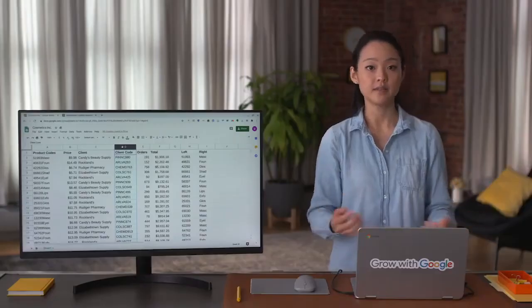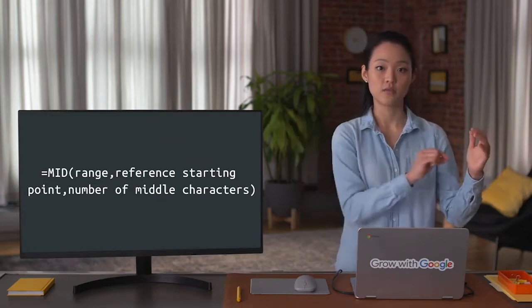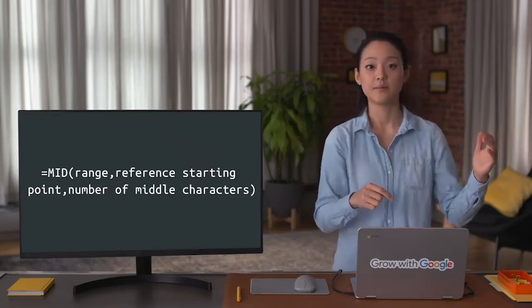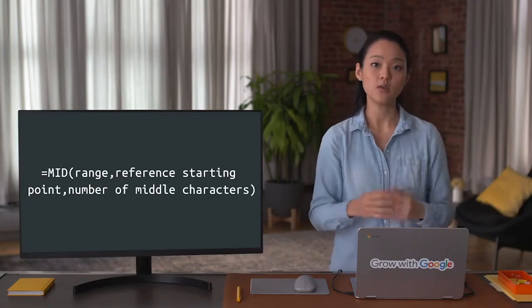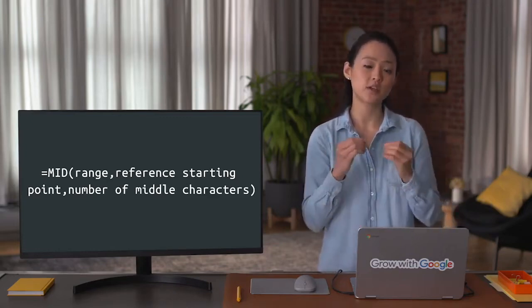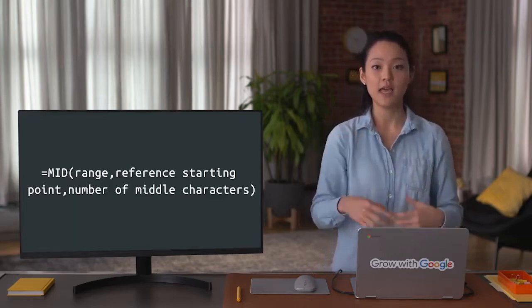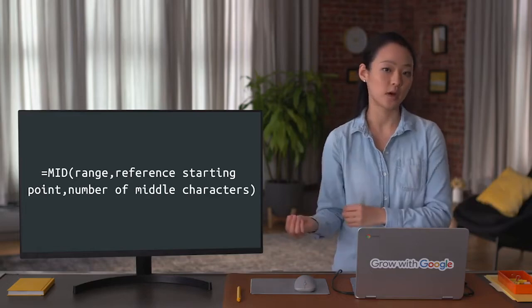The syntax for mid is equals mid, open parentheses, the range, then a comma. When using mid, you always need to supply a reference point. In other words, you need to set where the function should start. After that, place another comma and how many middle characters you want.